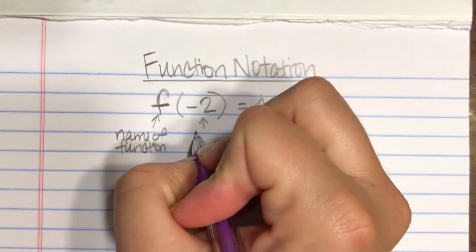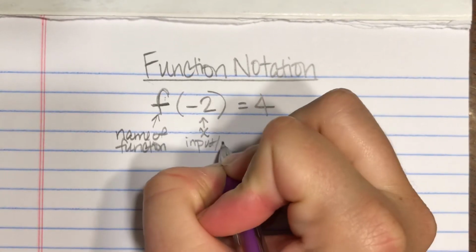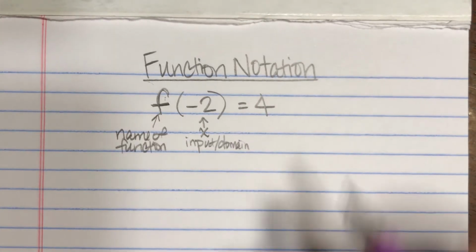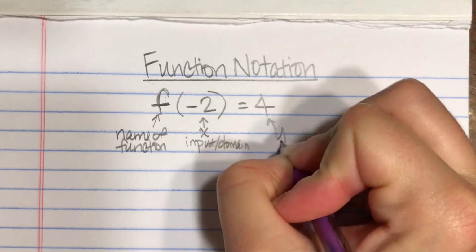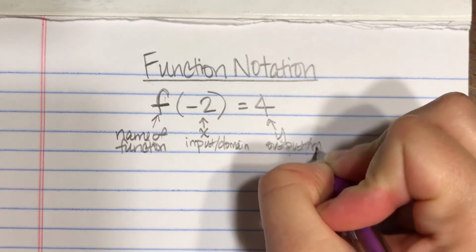The -2 is your X value, which is your input or your domain or your independent value. This 4 at the end is giving you the Y value or the output or the range value.